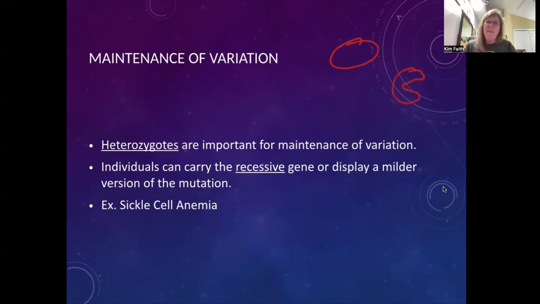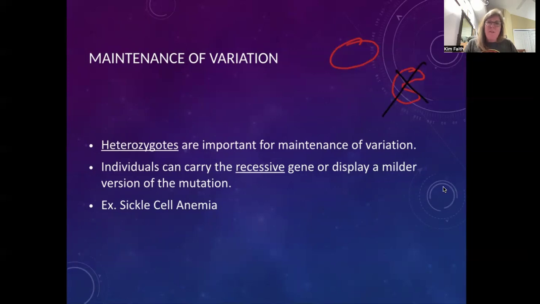With that sickle shape, it can clog the capillaries and cause blood clots and other problems. It can't carry oxygen as efficiently, especially with all those clots. We can't fix it. We literally have to break down those red blood cells. So our red blood cell count drops, which is the anemia.